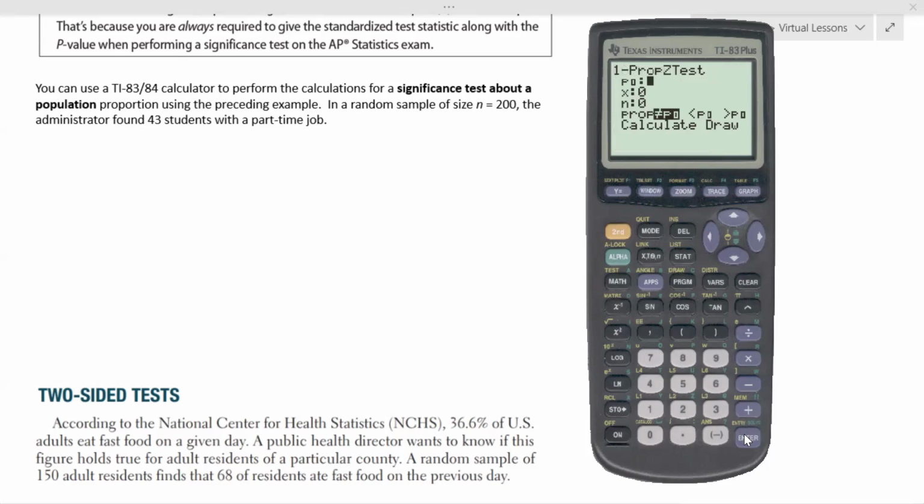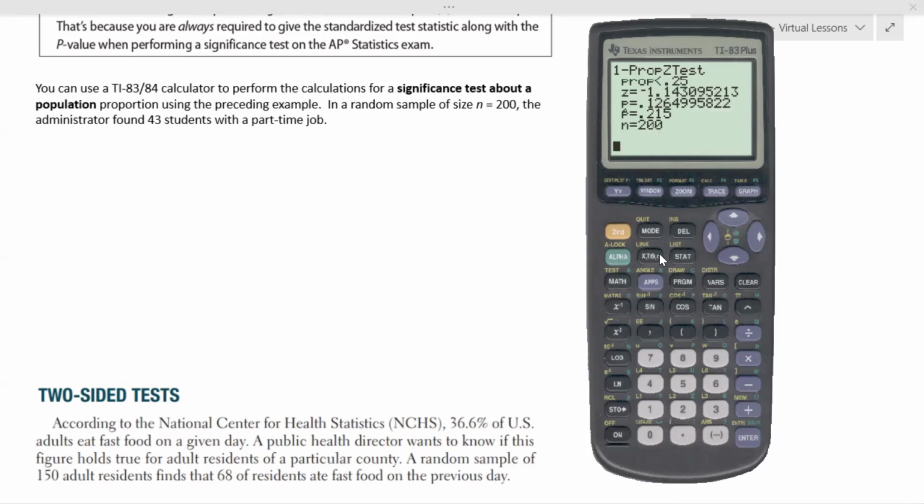We hit enter, and then we put in the values. p naught is the null value, so that's 0.25. x is the number of successes, essentially, so 43 in the sample. n is the sample size, 200. And then these inequalities down here are the kind of test we're doing. So we're doing a one-sided test. It's going to be less than. So this should just match your alternative hypothesis.